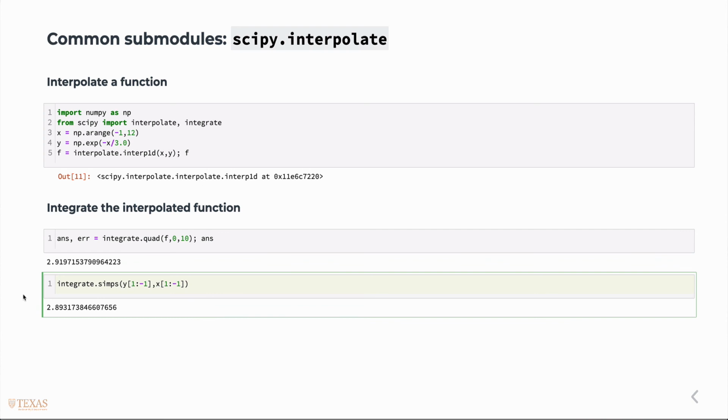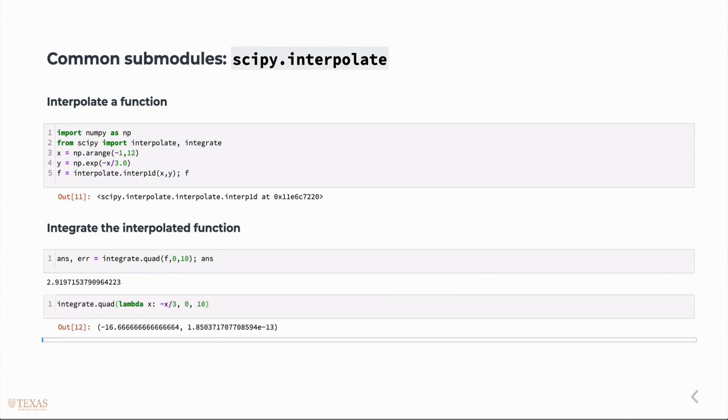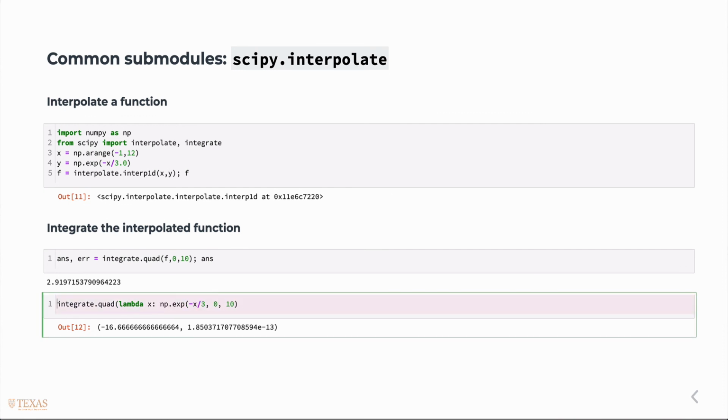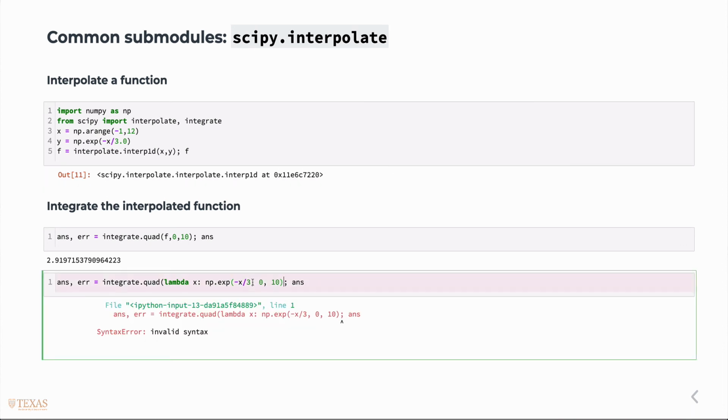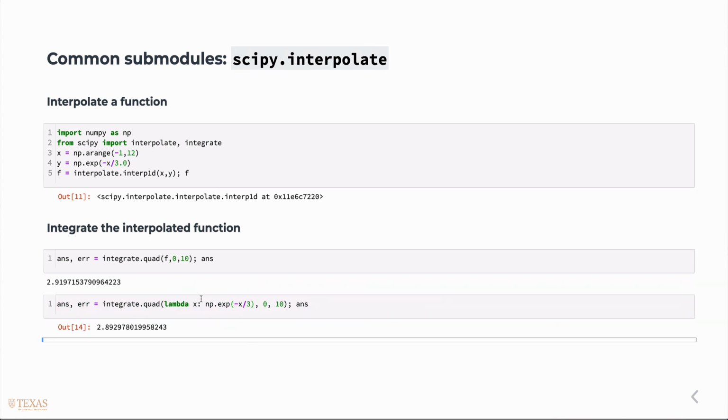So let's just do that. And so there we have the integral of not the interpolated function, but the original function itself is 2.89. So in this case, there's just some small error because we're interpolating a function and then integrating that. But nevertheless, just to demonstrate how the interpolation works, along with reiterating the integration here.